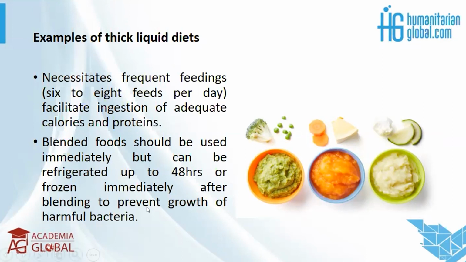When you blend food, you increase its surface area, and therefore it can easily have harmful bacteria, the pathogens multiply in it. So blended food should be used immediately or refrigerated immediately for not a very long time, or frozen, to prevent contamination.